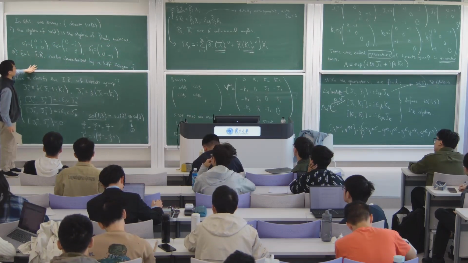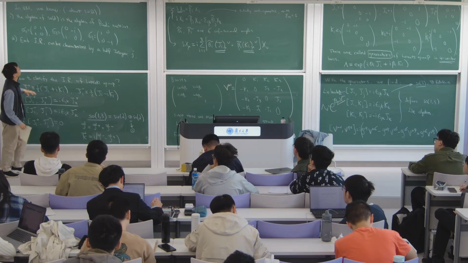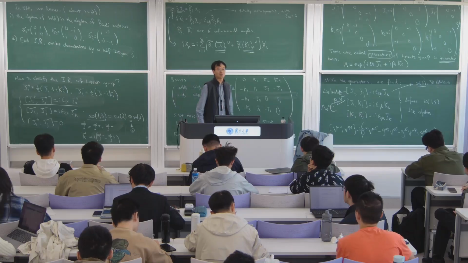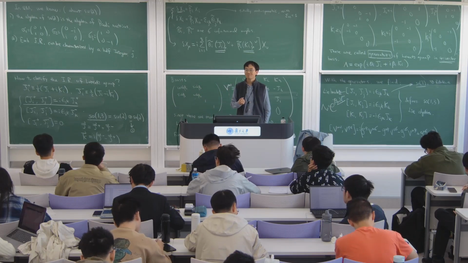That's what we learned from quantum mechanics. If we want to represent SU2, we can classify the different representations by a half integer j.